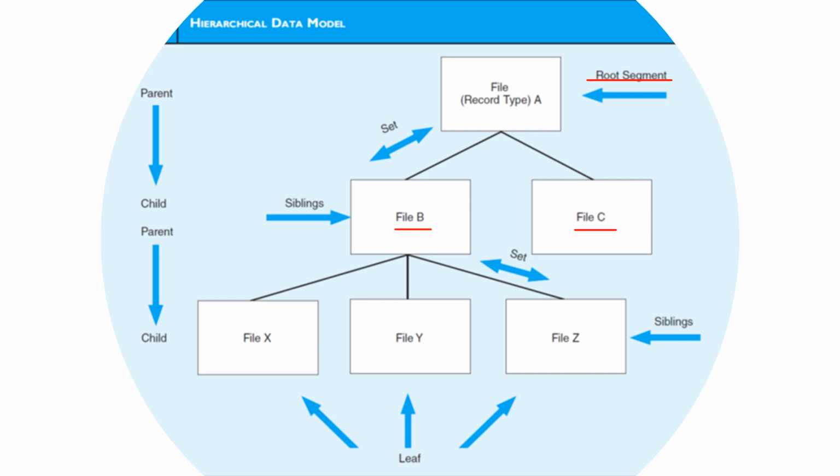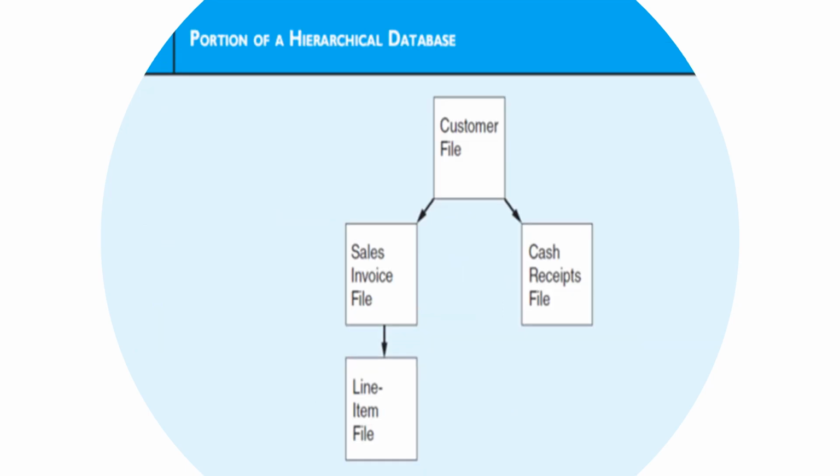We can call it a parent file and a child, and then this child will be a parent for other files and so on. That's how the hierarchical database model works.